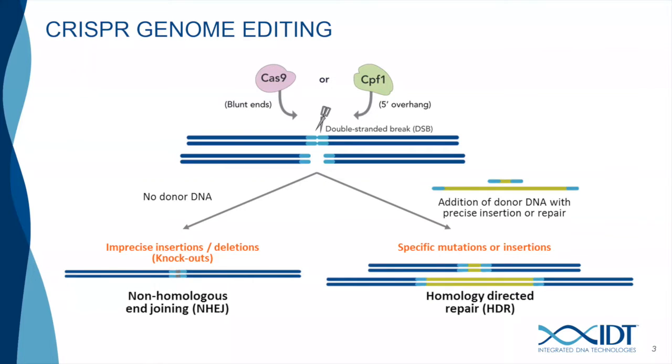This is error-prone and can often insert insertions and deletions, which leads to a frameshift knockout. And so this is the pathway we'll mostly be focusing on today, but this is error-prone, and there is a chance for off-target effects that we want to make sure we're looking into. So that'll be a lot of the focus.